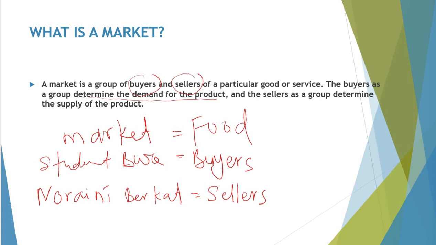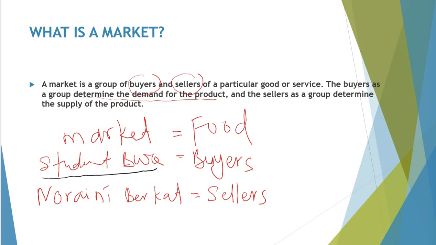Okay, so for example, tadi kita kata market is a group of buyers and sellers of a particular good or service, right? So kita bagi contoh. Our current market is food. So the buyers as a group determine the demand of the product. So you, the students, you will determine the demand of the product.